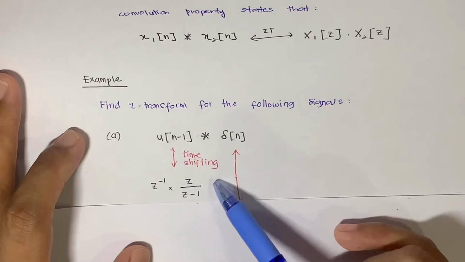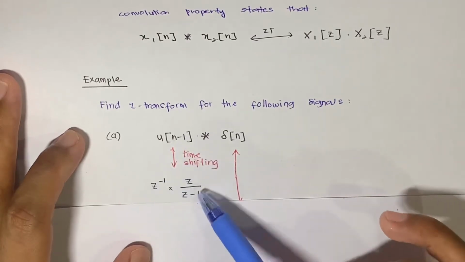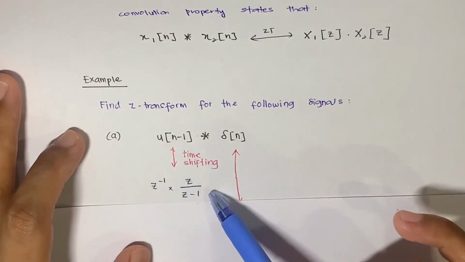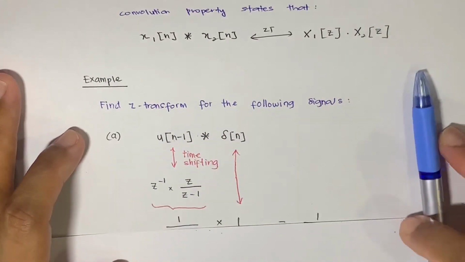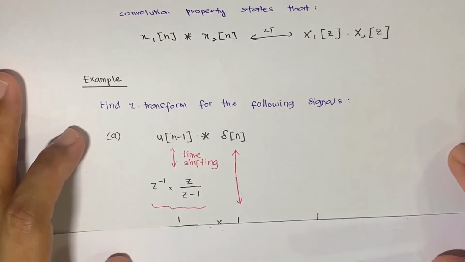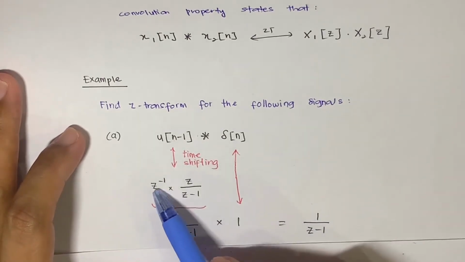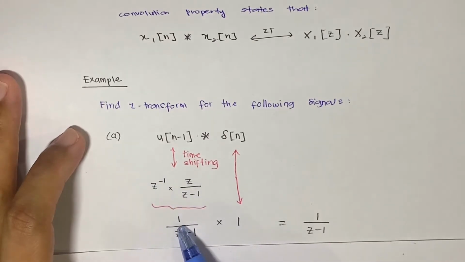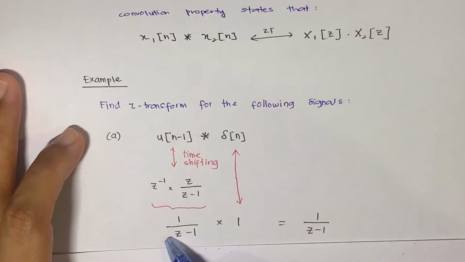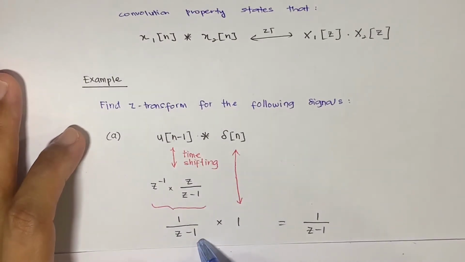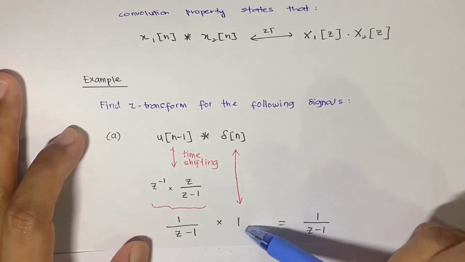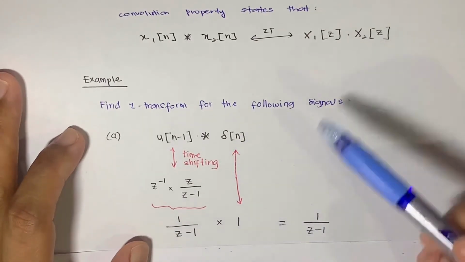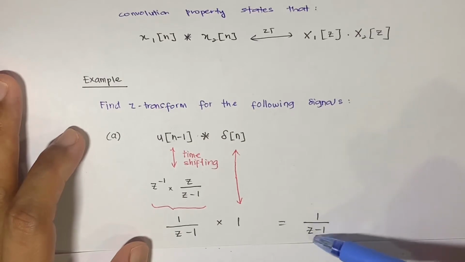Please refer to the time shifting property explanation. Then multiply both equations, you will get 1 over z minus 1. The z transform for the impulse is always 1, and then you will get 1 over z minus 1.